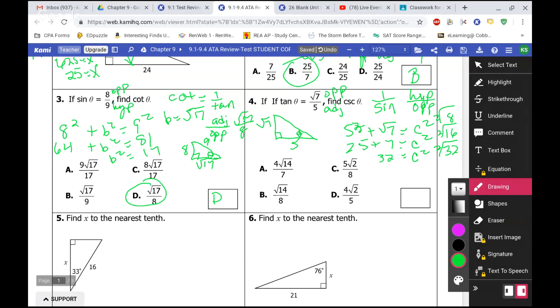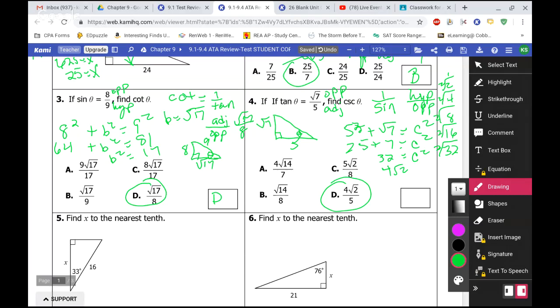I really could have just seen that as 4 squared, really. So that's going to be C is going to be 4 times root 2. So that means we've got hypotenuse, which is going to be root, this one right here.